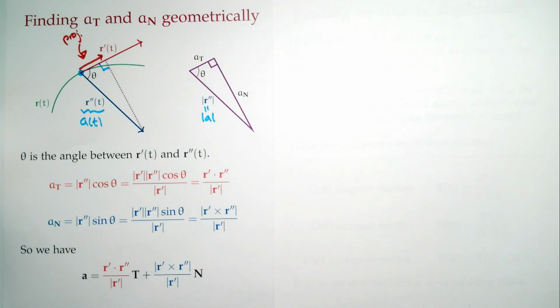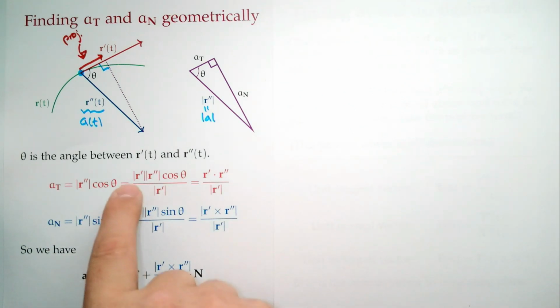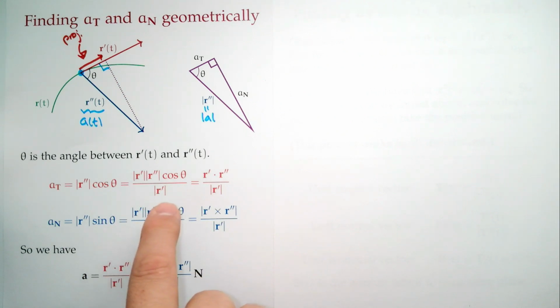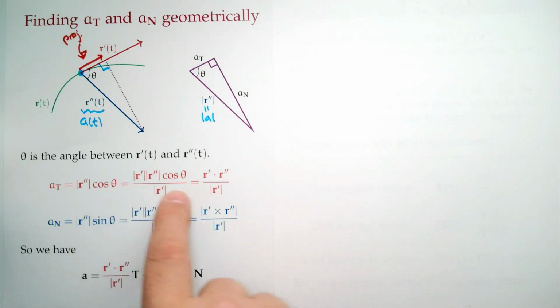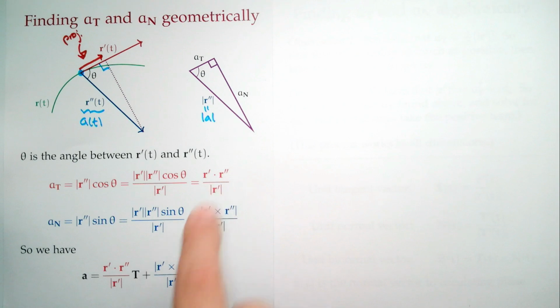To make it look like a dot product, I need to add a magnitude of r prime, because then I'll have the magnitude of the two vectors times the cosine of the angle between them. So we add the magnitude of r prime, and what do we have? Lo and behold, the top is r prime dot r double prime, and in the denominator is the magnitude of r prime. And that's the answer.